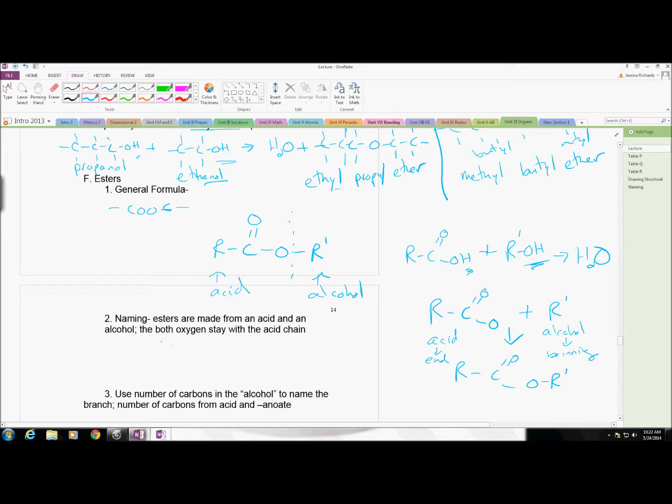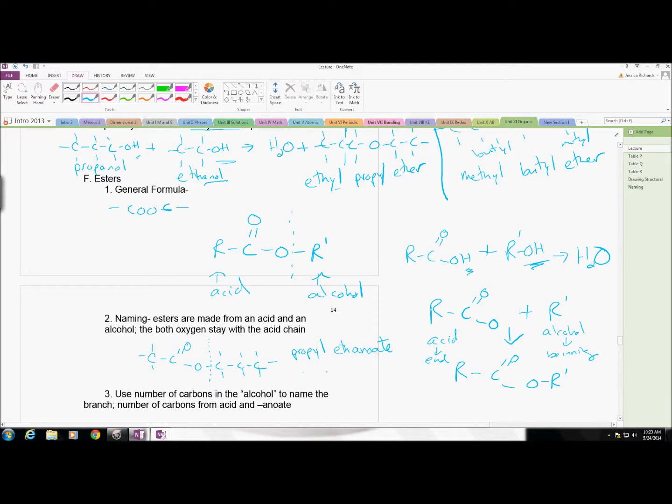So if I draw an example one, when I go to name this, I split it where the singly bonded oxygen is. I name the branch here, so 3 carbons is prop. It's a branch, so YL, so propyl. I look at the part that came from the acid, 2 carbons is eth, and the ending for an ester is oate.